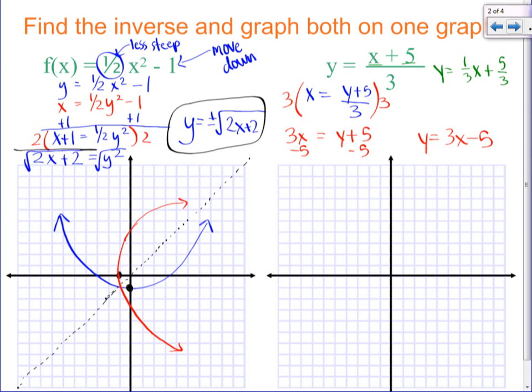Looking at this green equation, where's our first dot going to go if we're graphing a line? We want to go with the y-intercept, right? What's the y-intercept? 5/3, which is 1 2/3, right?